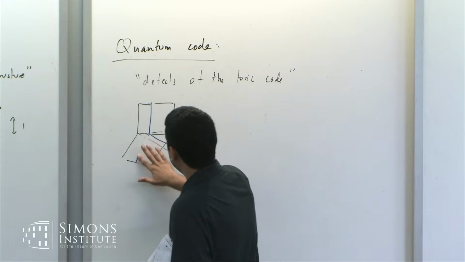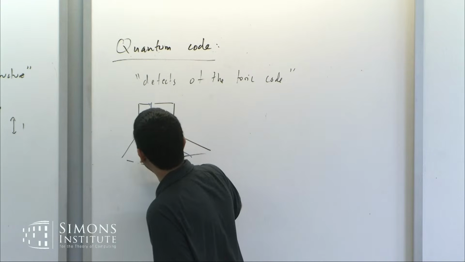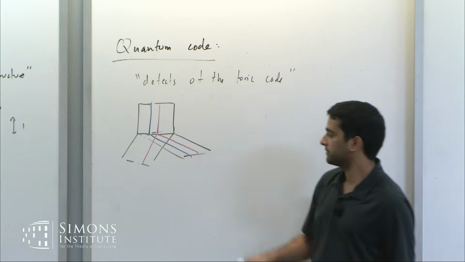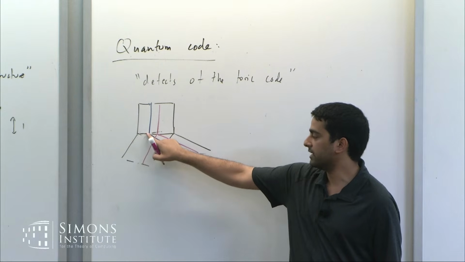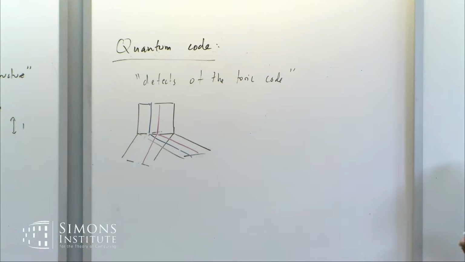If I look at the dual logical operator, the X logical operator is forced to split like this. While the Z logical operator sees this as a parity defect, the X logical operator sees this as a repetition defect.